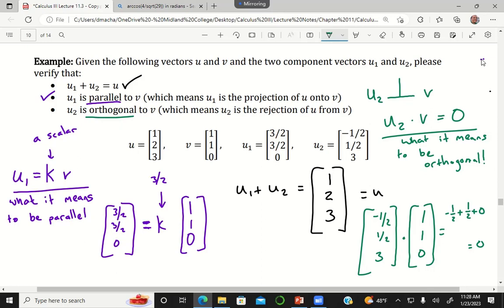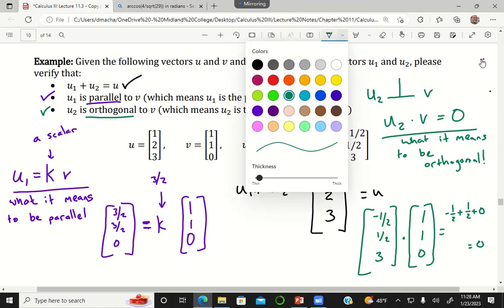So by taking the dot product, U2 dot V, and then we found out that dot product is 0, that's what verifies that those two are orthogonal.